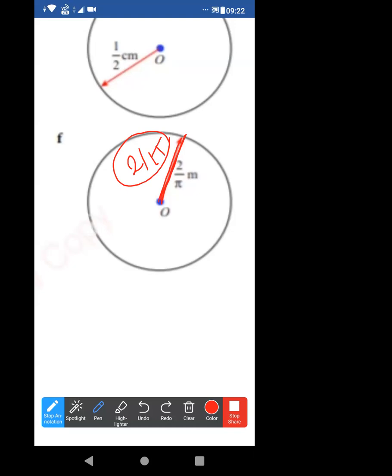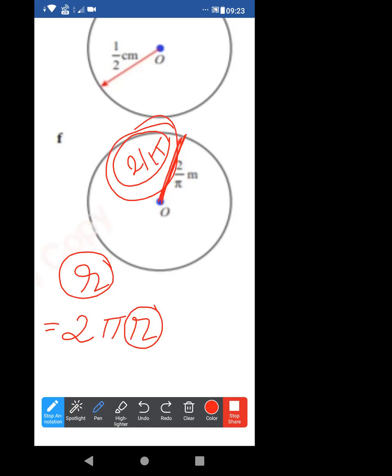If we know the radius, then what will be the circumference? Just 2 pi r. Yes or no? It is the circumference formula. Using the formula, in place of r, we'll put this one, which is given in the question. Understood? So now how to solve?